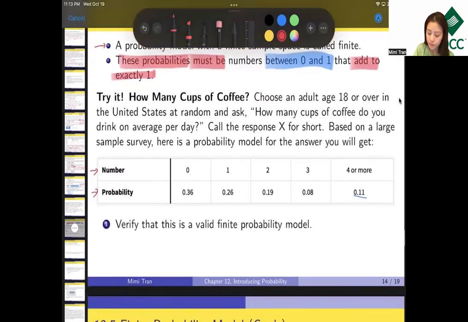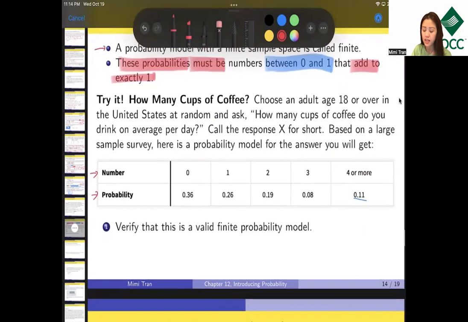Right? So I want to know if this is a finite probability model. The two things, right? Each of the probabilities must be between what? 0 and 1. And they are, right? 0.36, 0.26, 0.19, 0.08, 0.11. So they are all between 0 and 1. Now, do they add up to 1? Let's see. The second part says you need it to add up to 1.